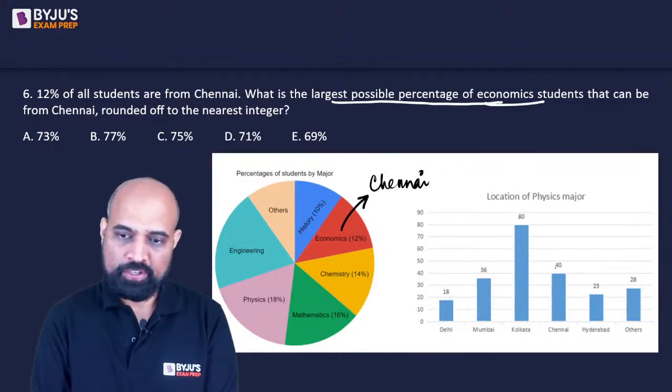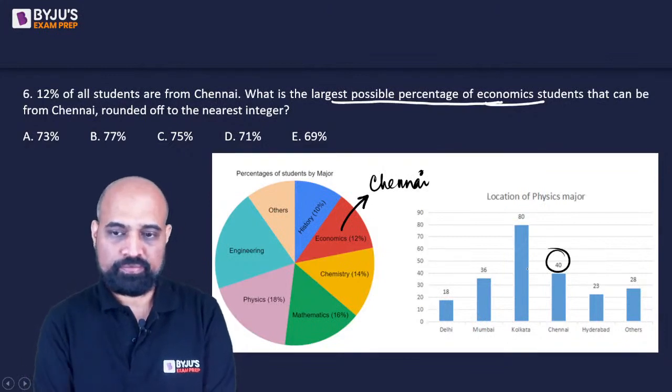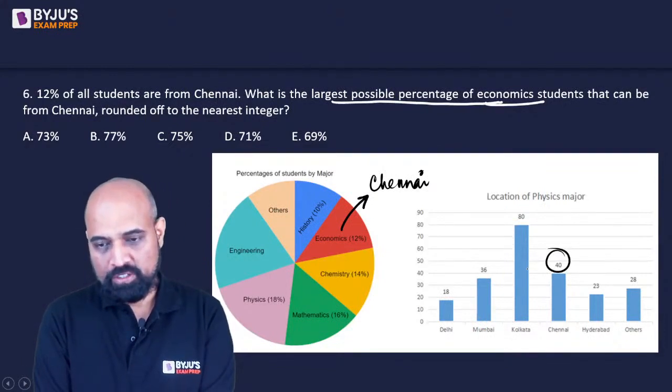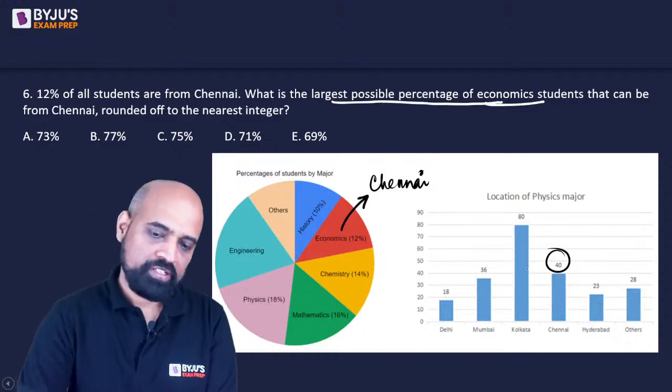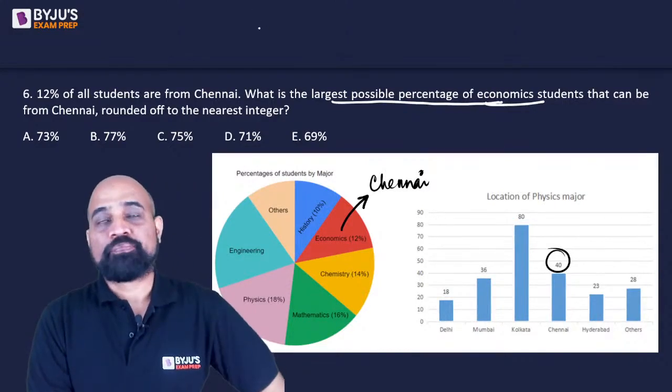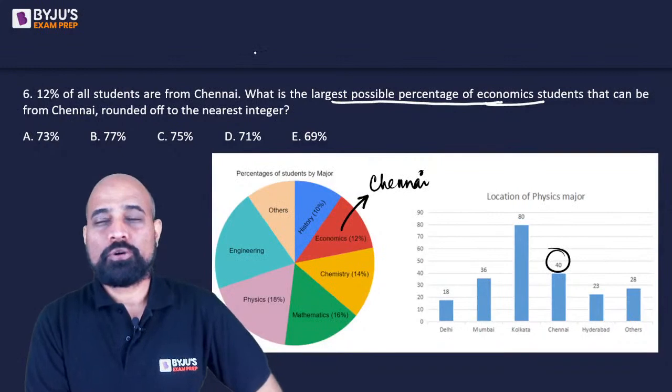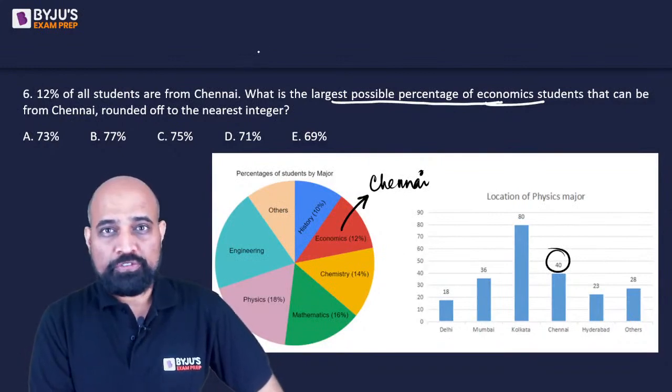And we have 40 students over here for physics. तो सारे तो नहीं जा रहे उधर, right? ठीक है. Okay, we knew that X was how much? 12.5.